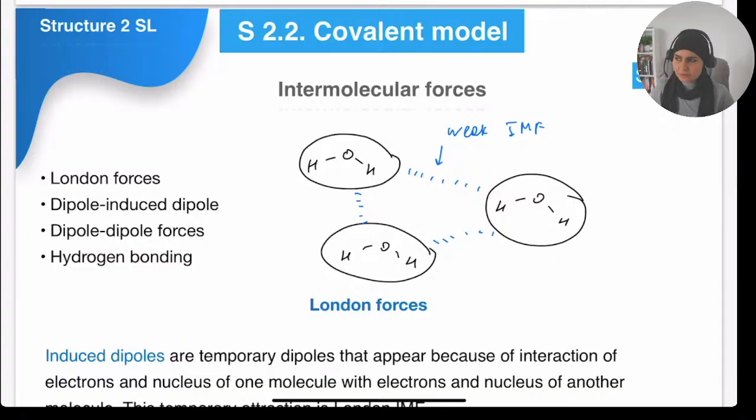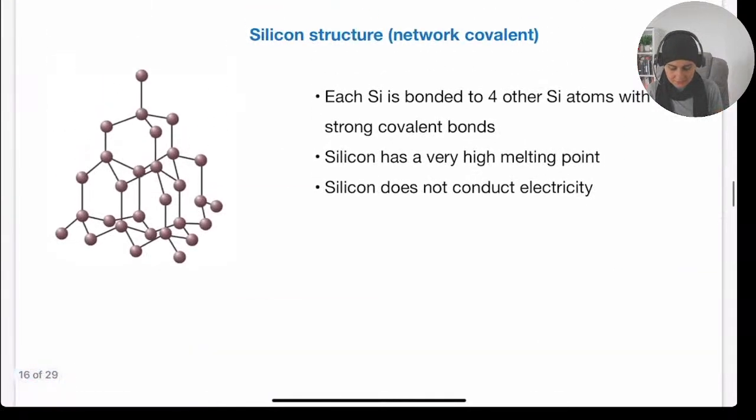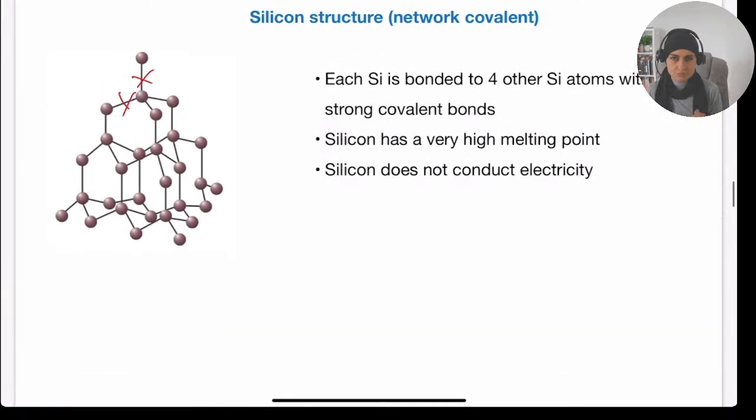And the most important thing that you need to remember is that if you were to melt or boil a simple covalent substance with molecular structure, you never break the covalent bonds. You break weak intermolecular forces. So if you want to melt silicon, you are breaking these bonds, strong covalent bonds. That's why it has such a high melting point.